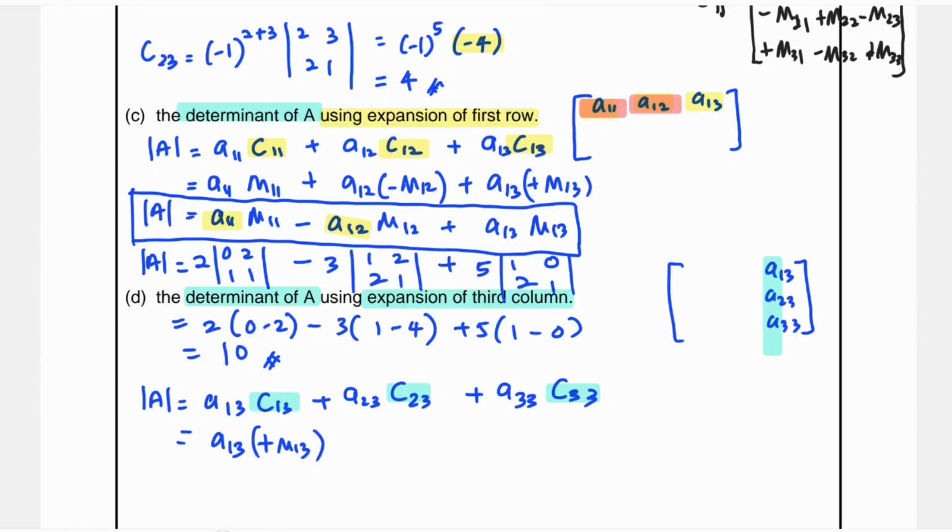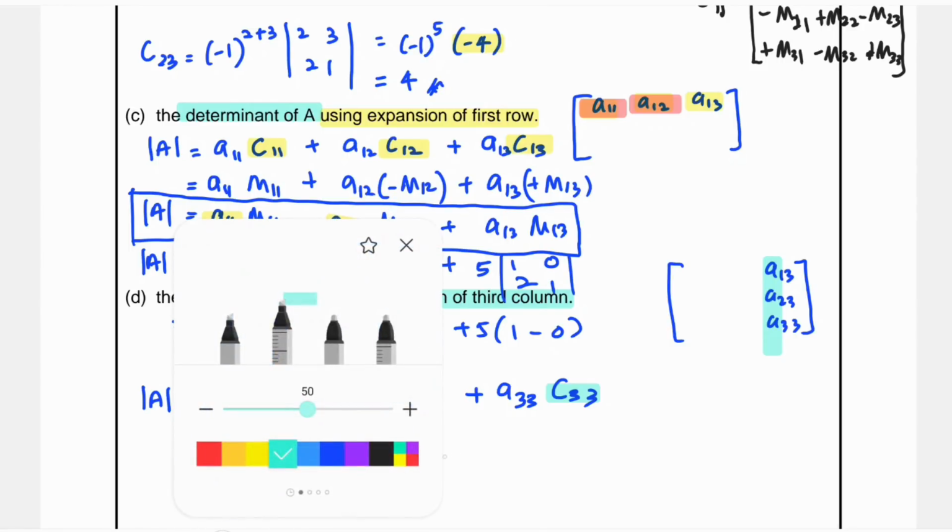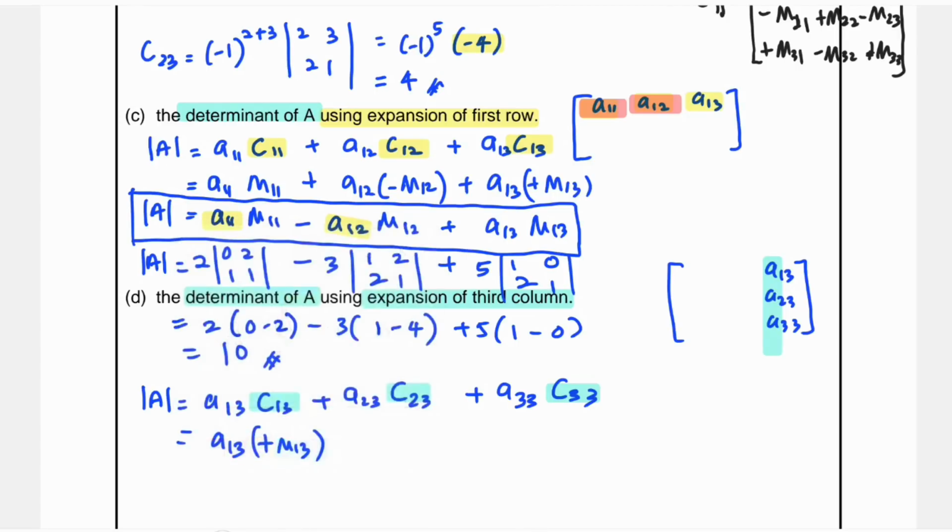If you forgot the sign of the cofactor, the simple way is you just need to add these values. If the addition gives you an even number, it means that it will give you the positive sign. If the summation gives you an odd number, it means that it gives you the negative sign.